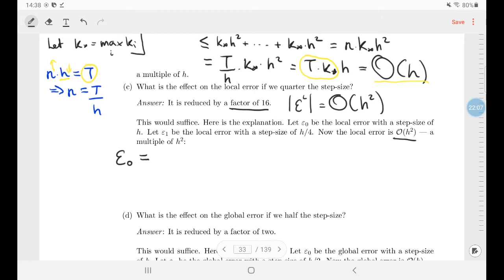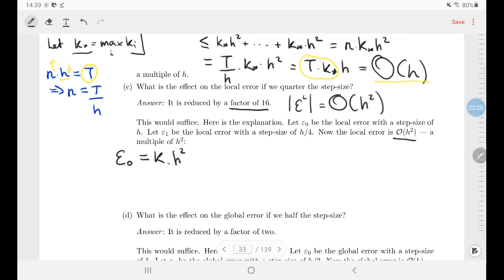But we won't worry too much about that and say we're always using the worst constant over the full interval. We won't be too fussy. We're just trying to get some rough understanding of what's going on here. So let's go with a constant times h squared. That's the local error initially.